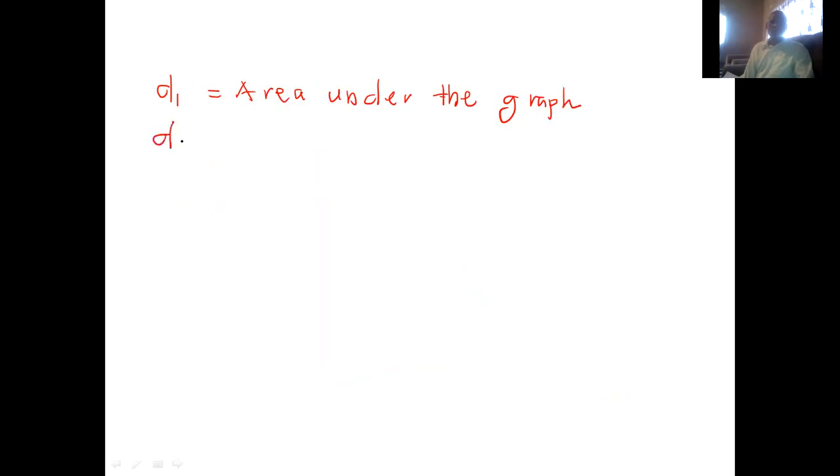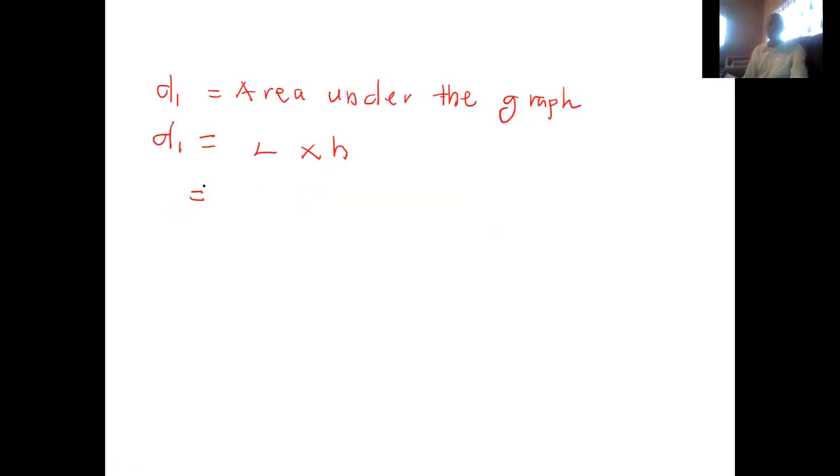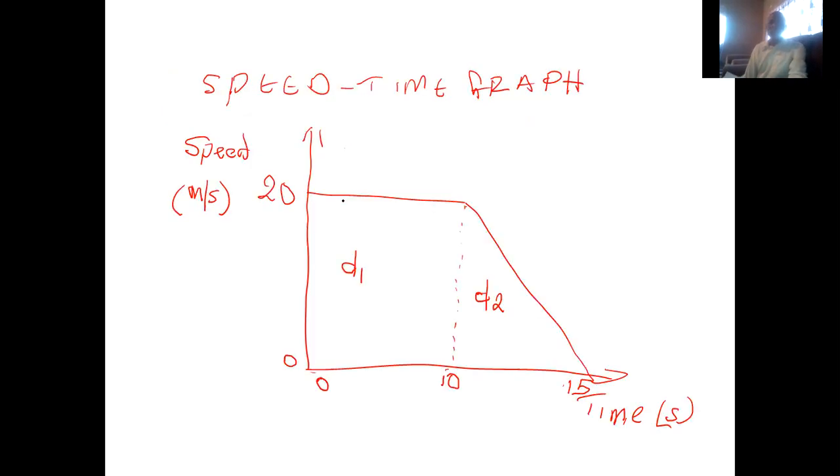Which is equal to the length multiplied by the height. Our length is 10 seconds, so we have 10 seconds multiplied by the height, which is 20 meters per second.